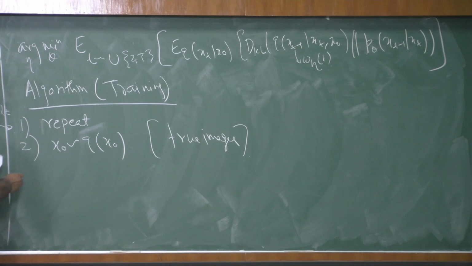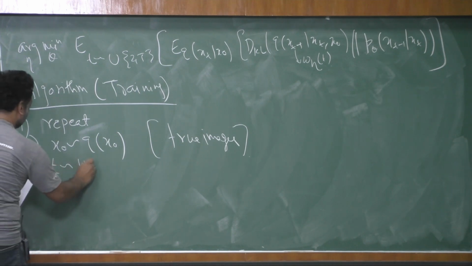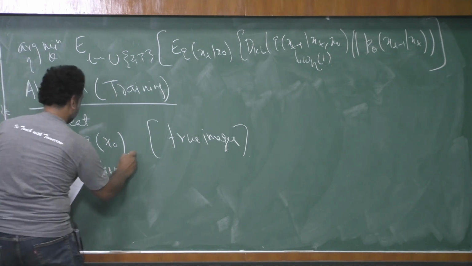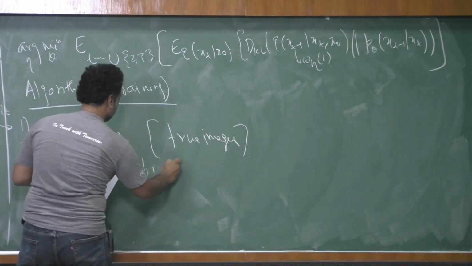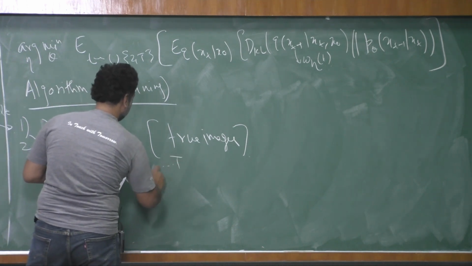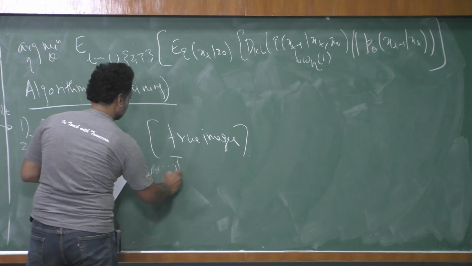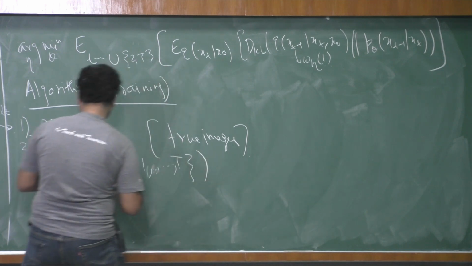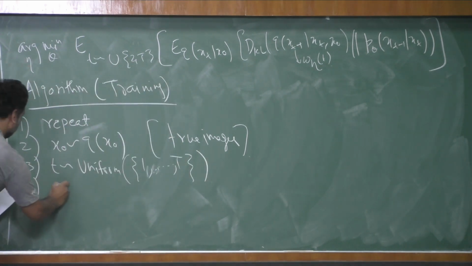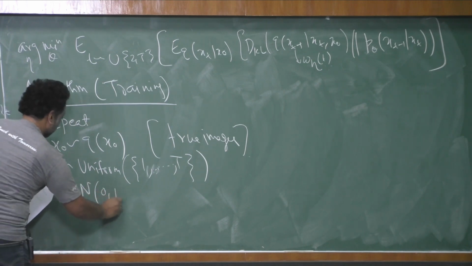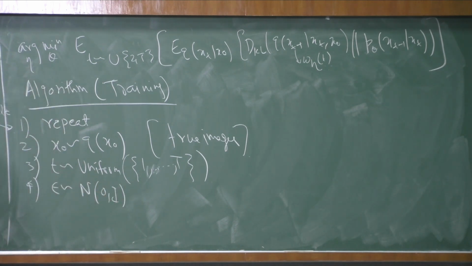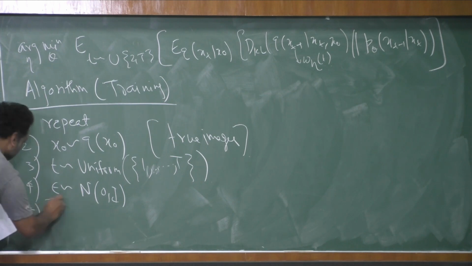Then you sample the time, which is uniform. The fourth step is to take a noisy sample.